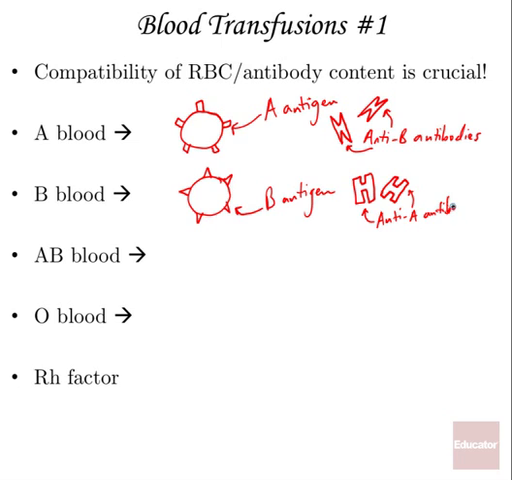antibodies. So the problem with somebody who has A blood getting B blood from that other person is that the person with A blood has these and these floating around. When you put this blood into their body, great. Now you've added red blood cells. That's what they were missing. That's what they need to stay alive.